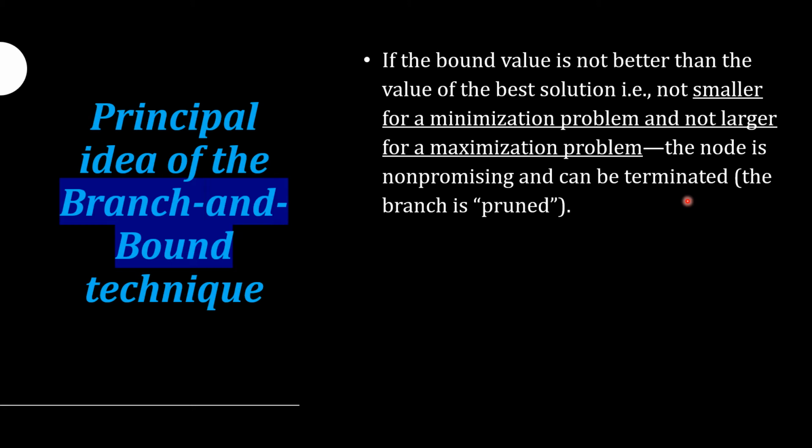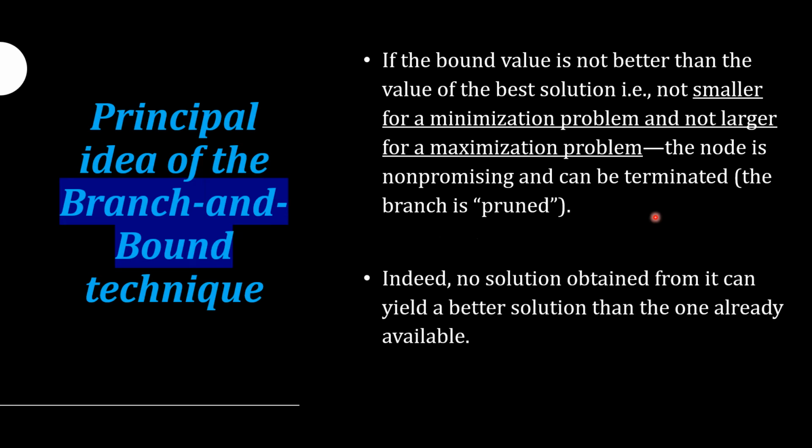You can see the bound value, the value present at that node, which is not better than the value of the best solution. We need to find a minimization or a maximization result, right? If that is not possible, you can delete or terminate that node from the state space tree, that is called the branch being pruned, right? So that is the main idea of the branch and bound technique.